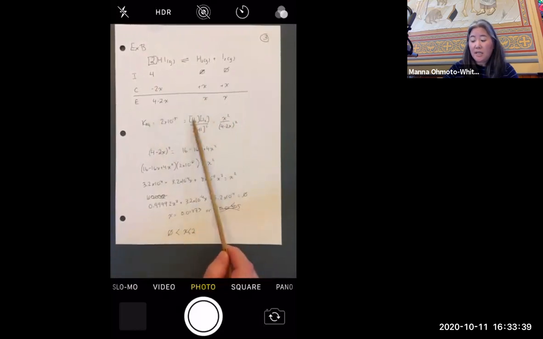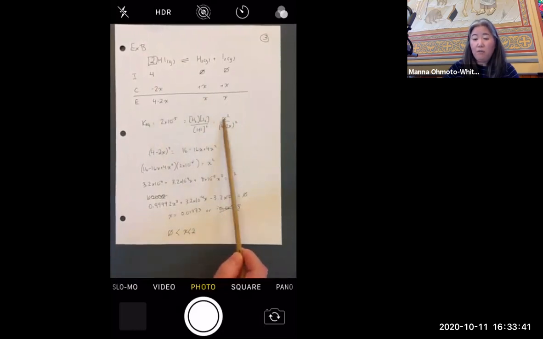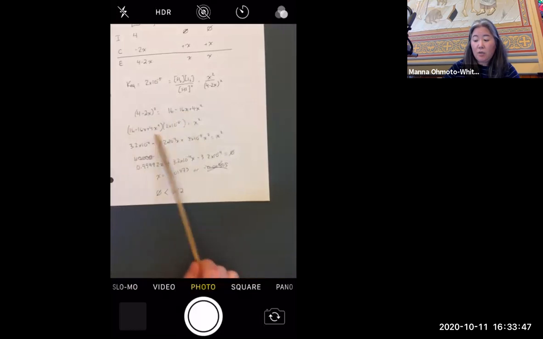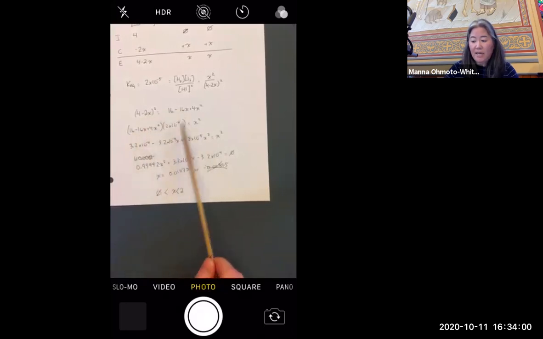So x and x equals x squared, and then 4 minus 2x quantity squared is right here. So then I do this all out, right? I first square this, FOIL this all out, and then I bring it to one side. So this is equal to this. I multiply it by x, and then I'm going to be solving for my x value.